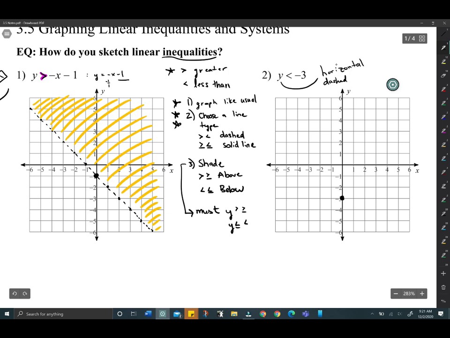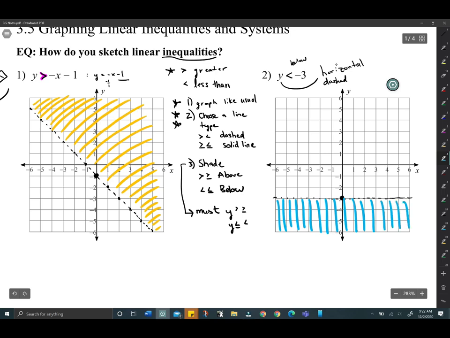So a dashed line right across. Now we have to think, what values of y are less than, or below, negative 3? That's everything down below our dashed line. So everything below that dash is where the solutions are.